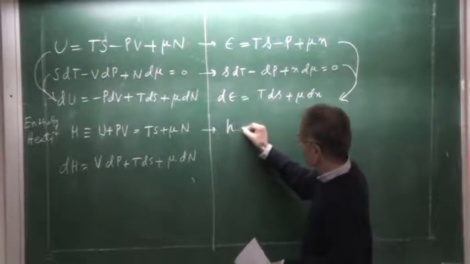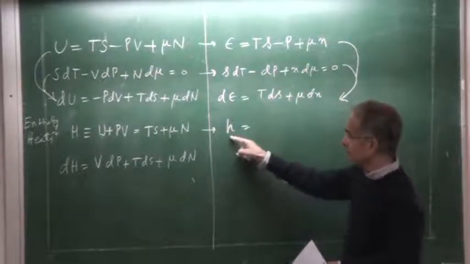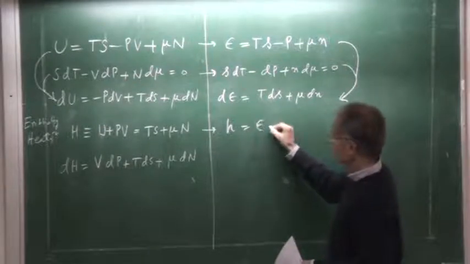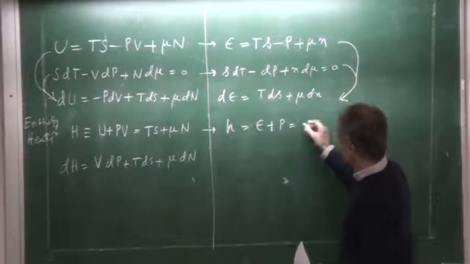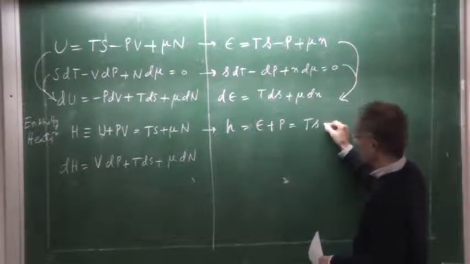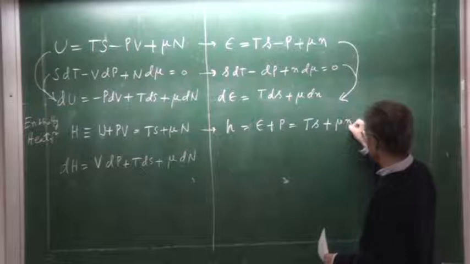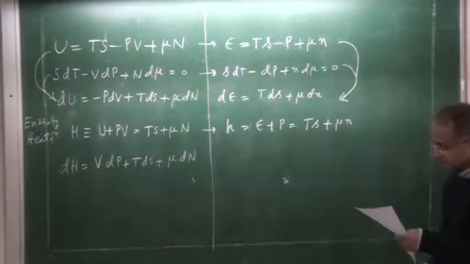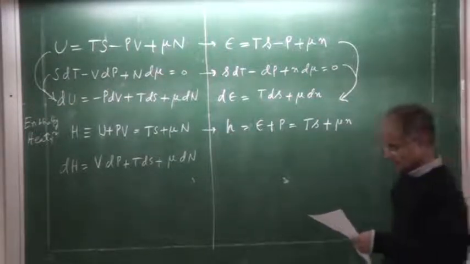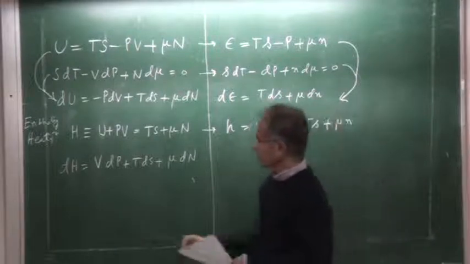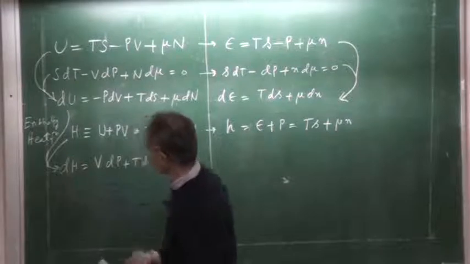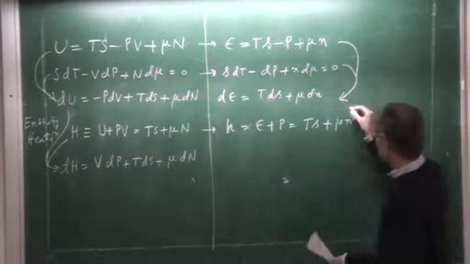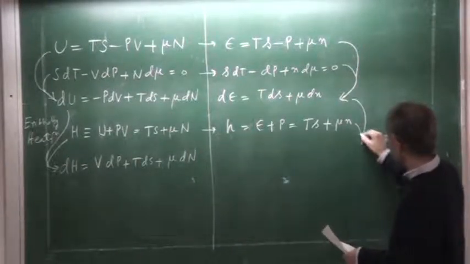Enthalpy density is energy density plus pressure, temperature, and entropy density, mu n. These two were used to obtain this. Similarly, you can use this and this.